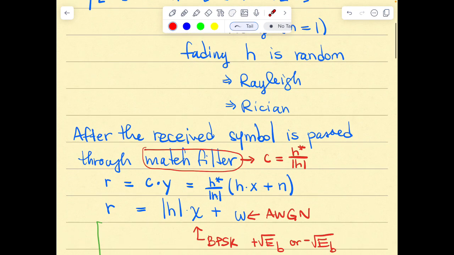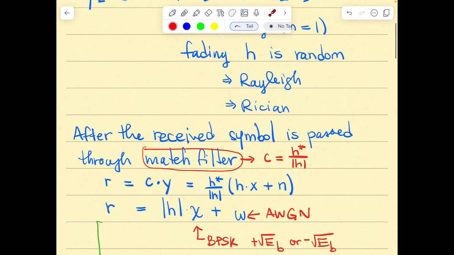Okay. So the receiver will receive a symbol, and then it's gonna pass through what we call a matched filter. This filter will be matched with the channel. Remember y is the received symbol.